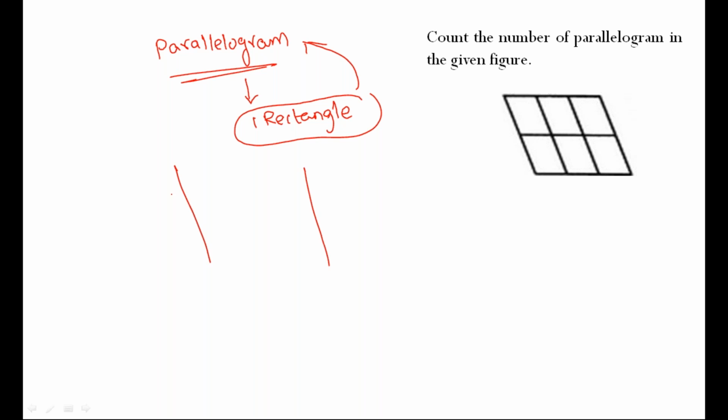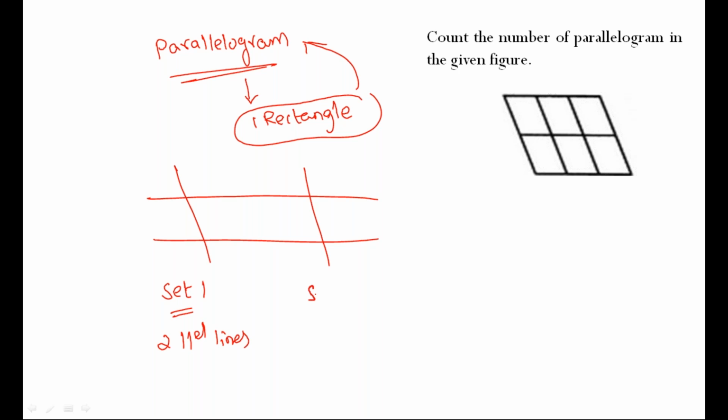Two parallel lines in one set, and in another set two parallel lines. Two different parallel lines are required, one here and one here. This will create one parallelogram for us.